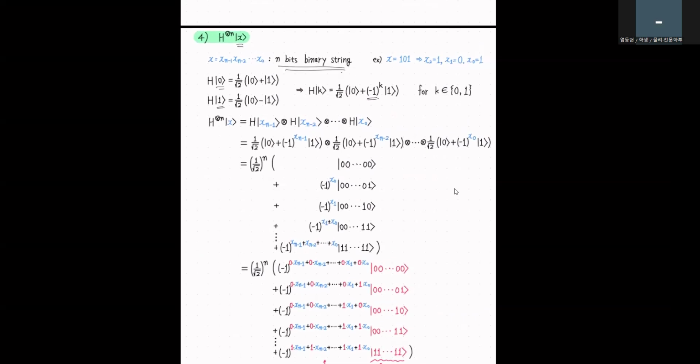So basically, the sign of this minus 1 to the k depends on which state it is. We can use this notation to represent the superposition in this manner. And if we multiply everything out, you'll notice we'll see a pattern here.